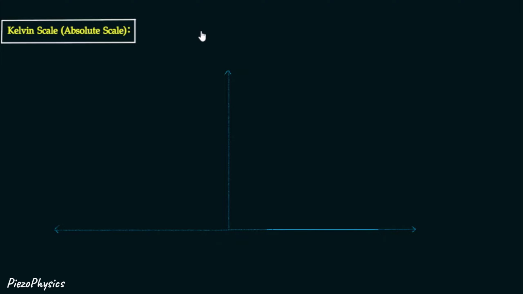Now our third temperature scale is the Kelvin scale or absolute scale. On the y-axis we take pressure, while on the x-axis we take temperature, which is in degrees Celsius. Now what Kelvin did was take three different gases, change their temperature and measure their pressure.